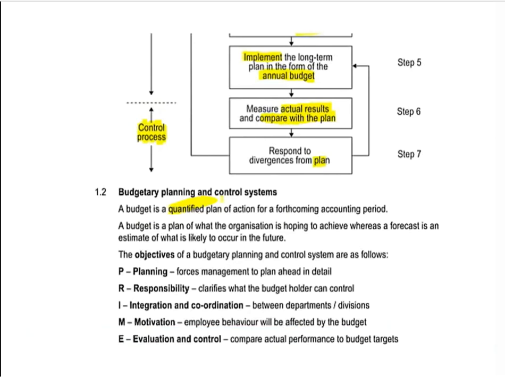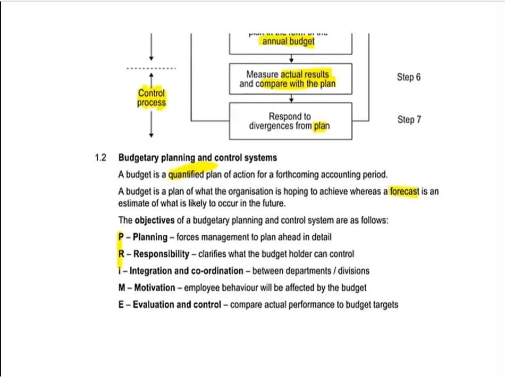So it's what we're trying to achieve, and that's compared to a forecast, which is what we think might be achieved. And through those 7 stages then of the planning and control cycle, we're trying to fulfill 5 different objectives.